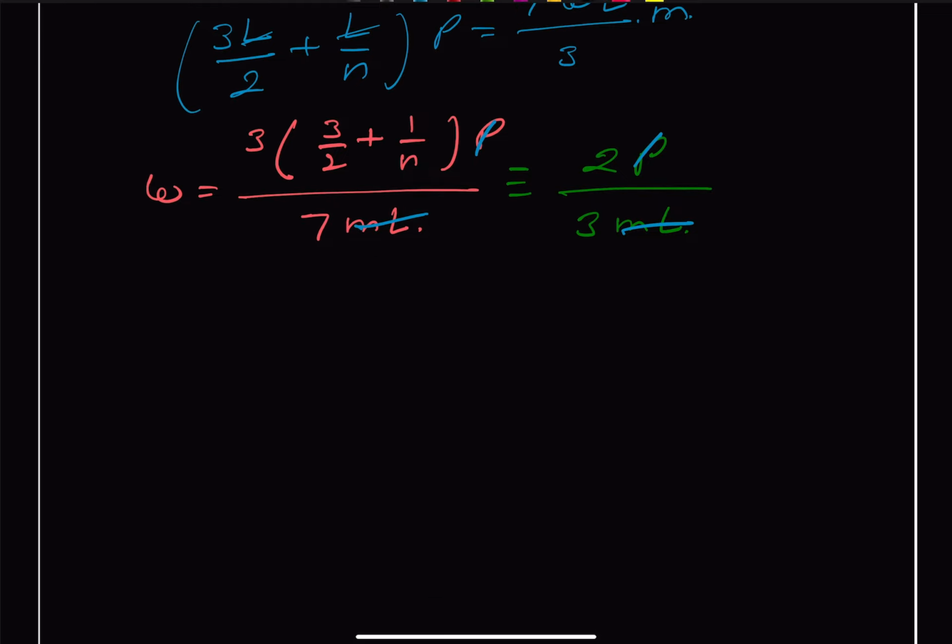So we get that 2 by 3 is equal to 7 by 3 times 3 by 2 plus 1 by n. And now it is quite simple. We are going to solve it, and this will be giving us value of n is equal to 18.